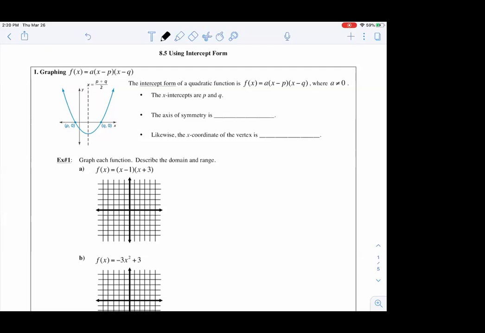Vertex form, the one we learned yesterday. Anyone? Let me see who all are here.